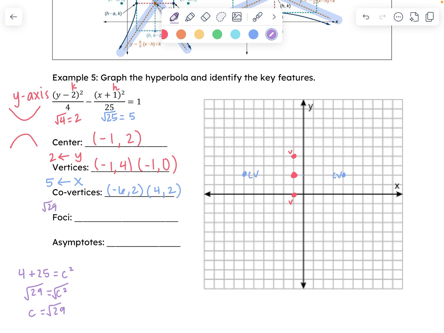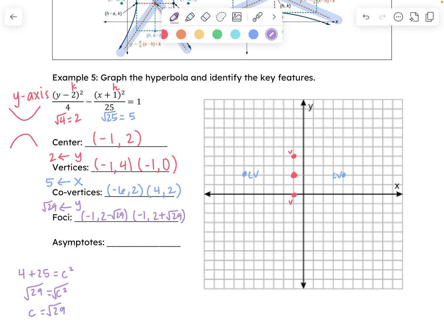The square root of 29 is going to be added and subtracted from the y value because we're parallel with the y-axis. So -1, 2 minus the square root of 29, and -1, 2 plus the square root of 29.